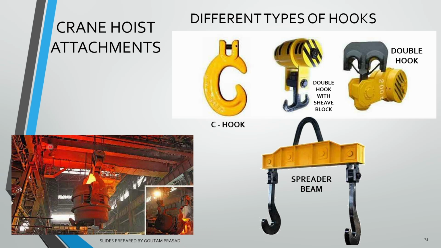So this type of huge crane is used in manufacturing industries like the steel industry or any other kind of processing industry. This is a C hook, and this is a double hook with C block. Here also we have a double hook with C block, and this is a spreader beam. Two hooks are there just for holding the ladles like this.